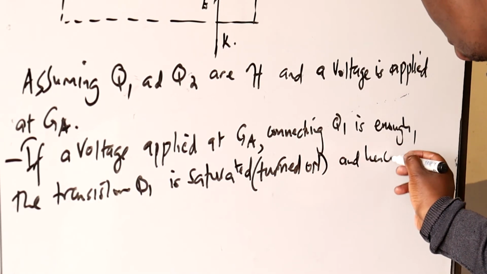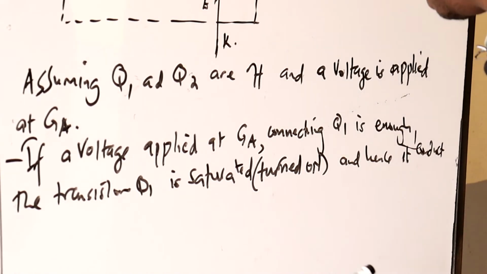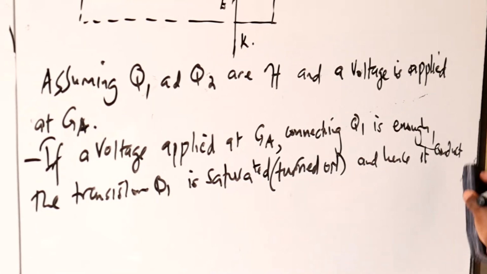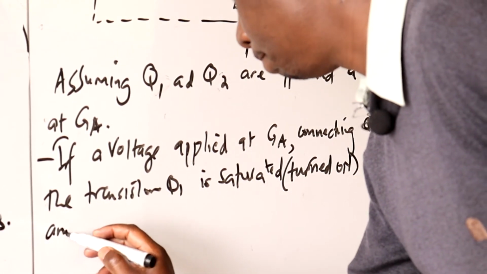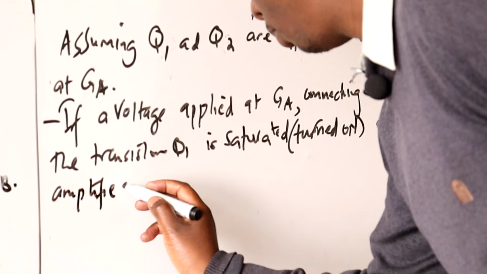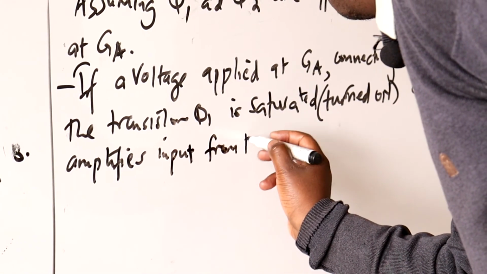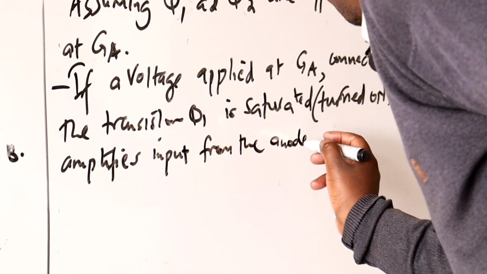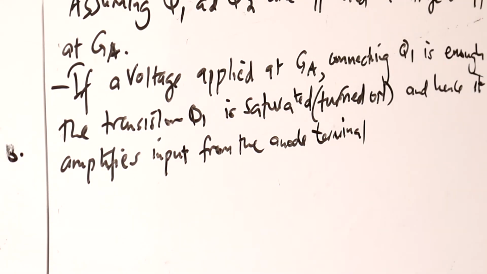And hence it conducts, and hence it amplifies inputs from the anode terminal. So once the transistor Q1 turns on, it amplifies the input from the anode terminal.